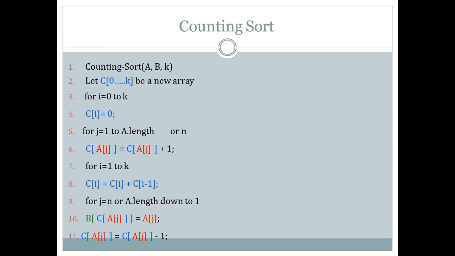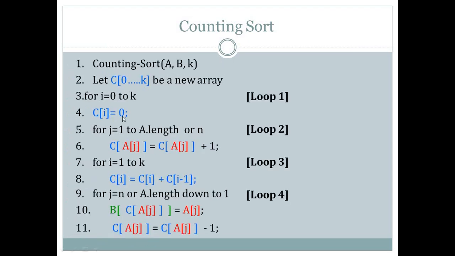In this we will use 4 loops: the first for loop, second, third and fourth for loop. We will understand it by example.